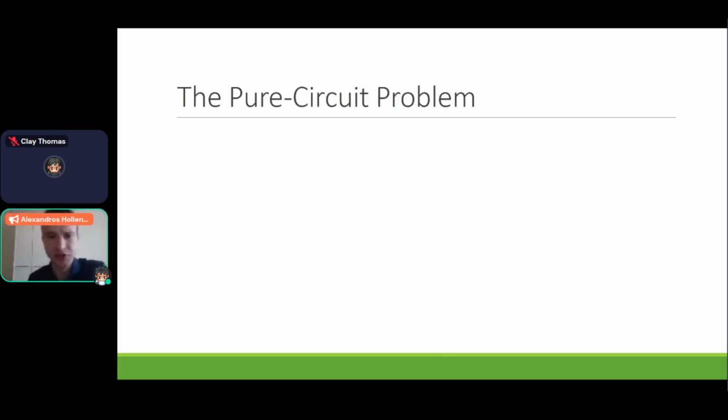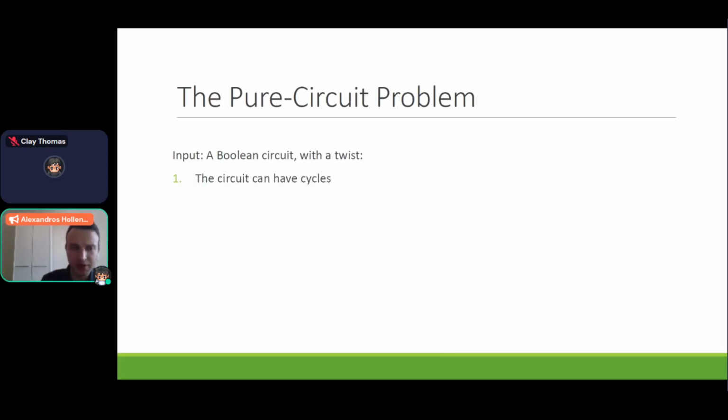All right, so what is this PURIFY circuit problem? Well, we're given in the input a Boolean circuit, but there's a twist, or a few twists actually. The first one is that we allow cycles in this circuit. So the circuit is not acyclic, it's allowed to have cycles.